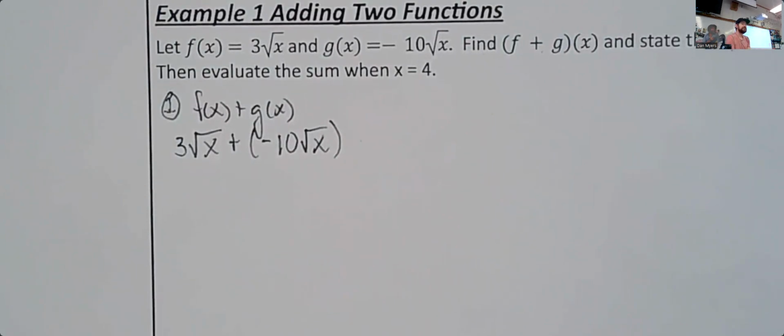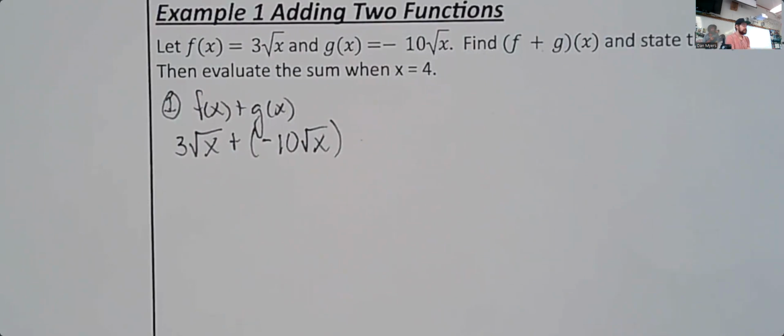What's the result? I'm going to use some stuff that we did earlier in chapter 5 in terms of that similar radical business that we dealt with earlier. So what do we get?